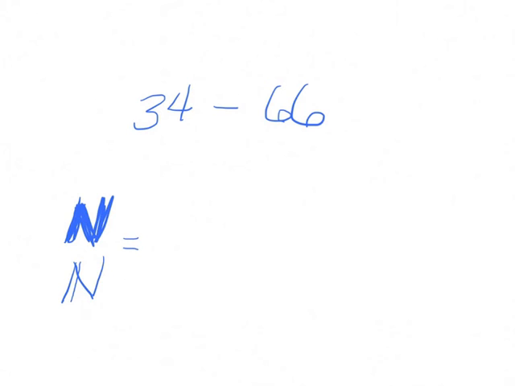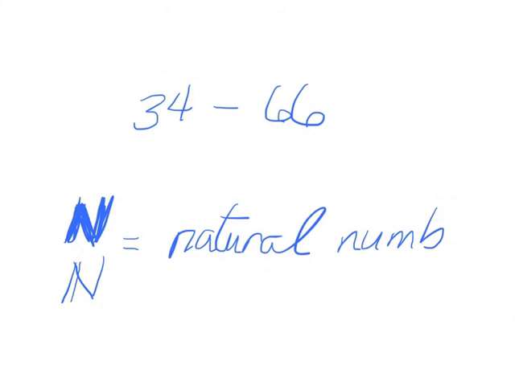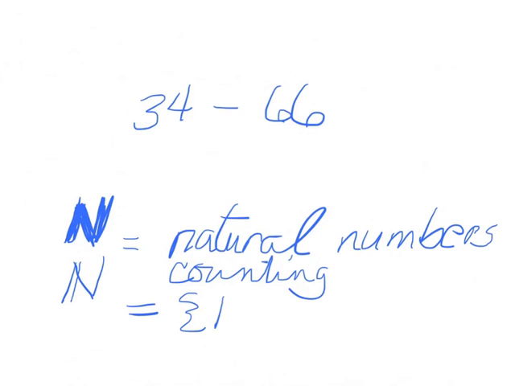But in any case, this is called the set of natural numbers. And they're called natural because all societies tend to know what these are. We often call them the counting numbers as well. And the natural numbers in the roster method are the numbers 1, 2, 3, 4, ellipsis.